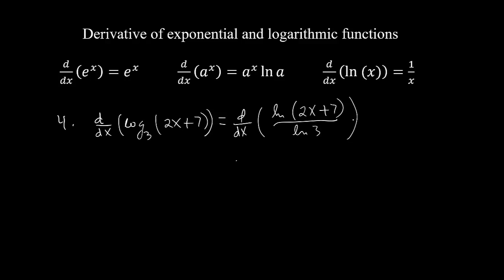That you have learned in pre-calculus, how to change base. Now natural log of 3 is a constant in the denominator as a coefficient. Leave it there. The derivative of natural log of this will be 1 over 2x plus 7, and then you need to take derivative of inside, which is 2. And you are done.